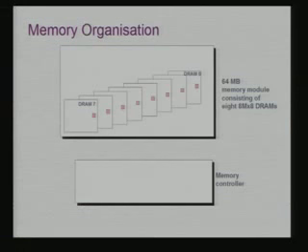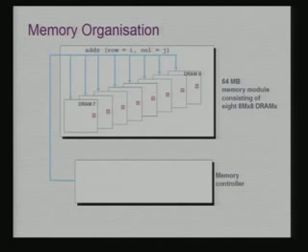How is memory really organized? Here I am showing a 64 MB memory module consisting of 8M into 8 DRAMs. You generate the address as row i and column j. So effectively all these cells get selected.